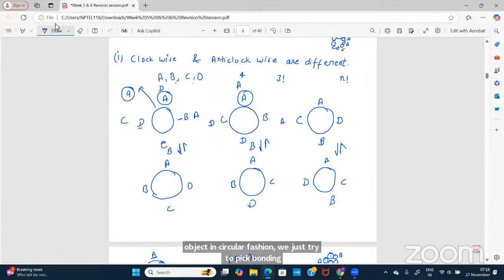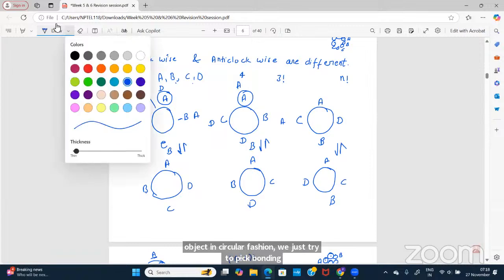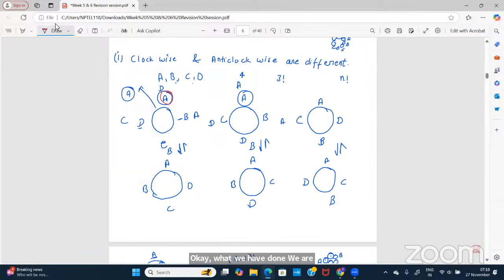What we have done, we have fixed A at this position, right? So A is at this position in all these 6 figures. Then we have arranged the remaining 3 objects, which is B, C, and D here. We have arranged these 3 in different possible ways.